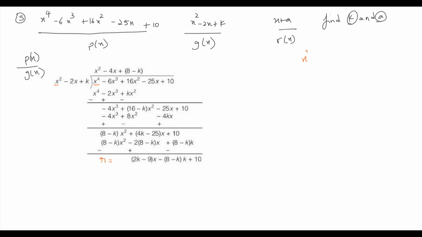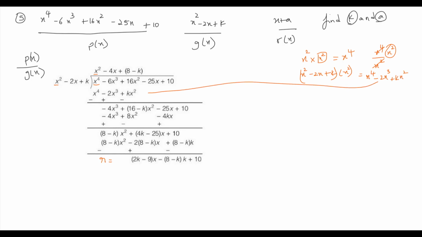What should be multiplied to x square so that you get x power 4? x power 4 divided by x square gives x square. Taking that x square and placing it in the quotient, then multiplying g of x, that is x square minus 2x plus k, with that x square, we get x power 4 minus 2x cube plus kx square.